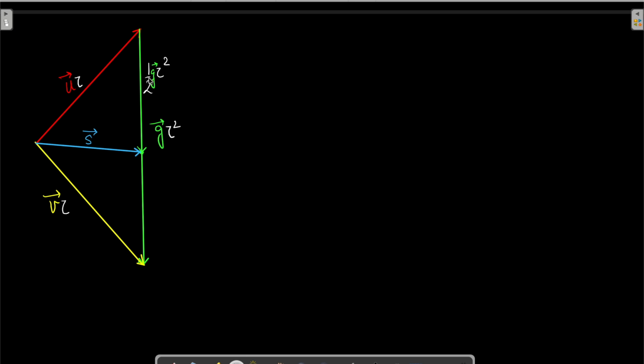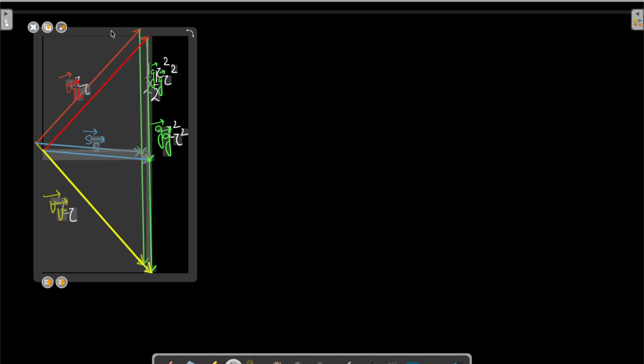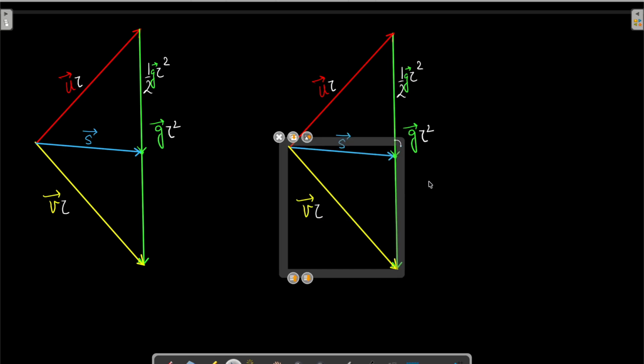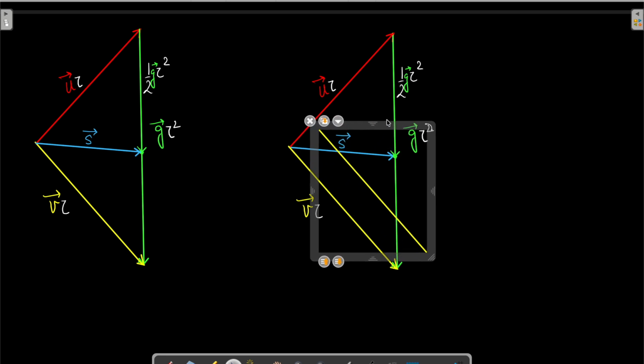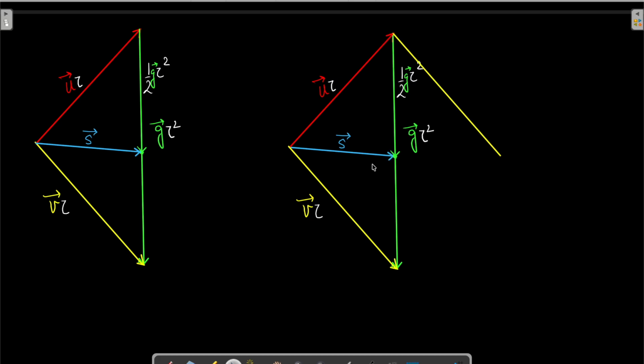Now we'll try to make a parallelogram. How we'll make it? We'll again copy the same thing. We'll shift an identical vector to this point. Same thing we'll do here also.